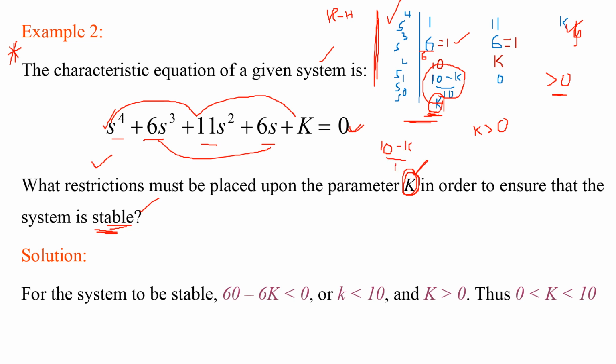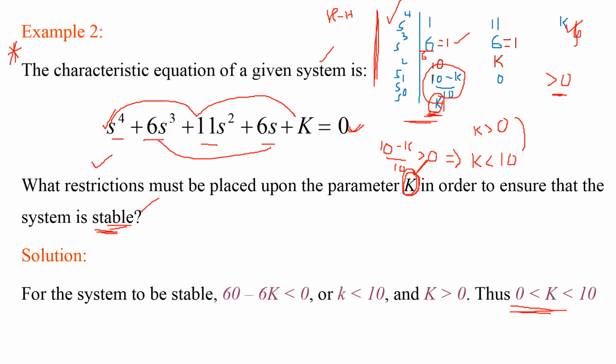This element is also greater than 0. From that we get K is less than 10. So the range of K is in between 0 and 10, that is 0 less than or equal to K less than or equal to 10.